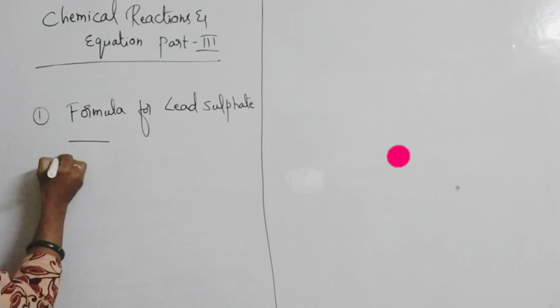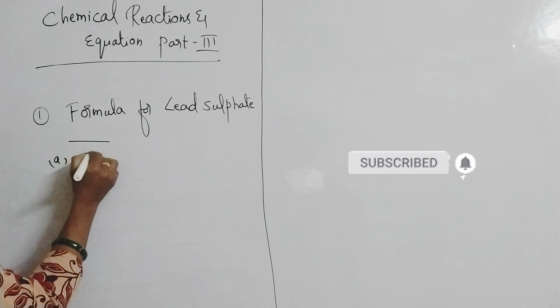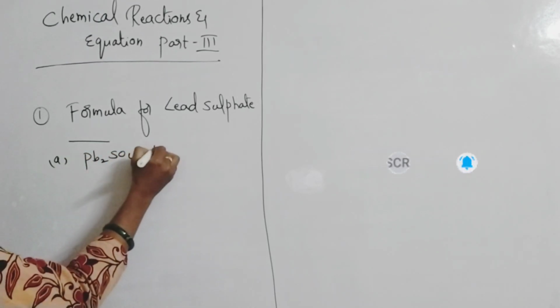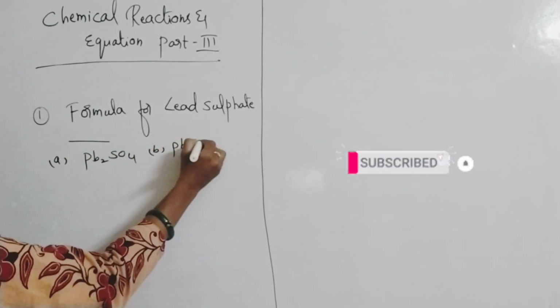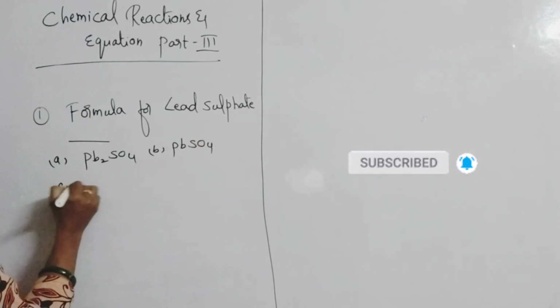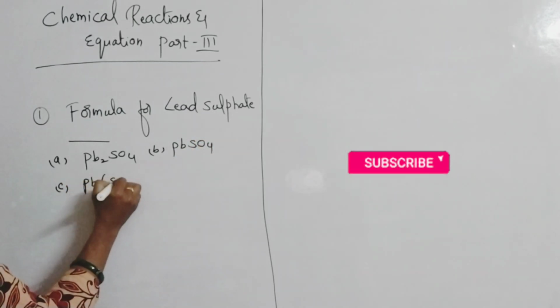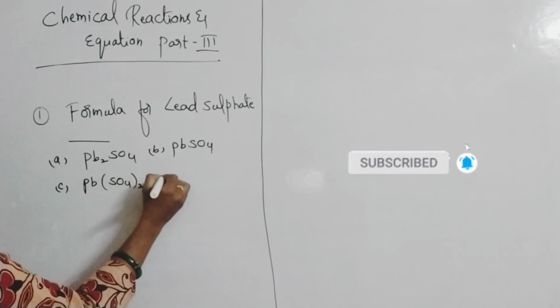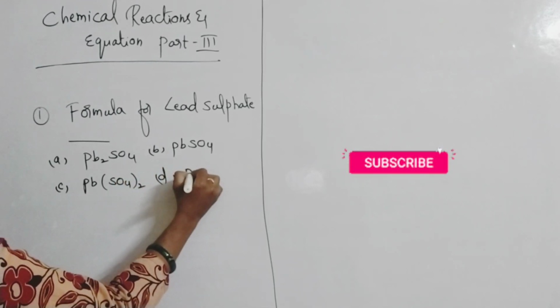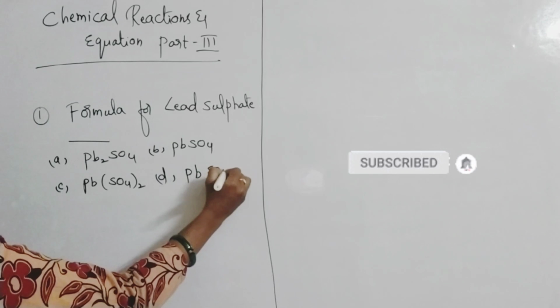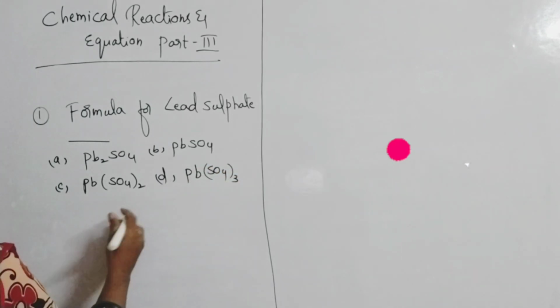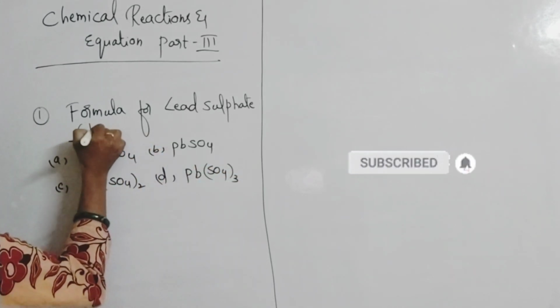Here options are given as: option A Pb2SO4, option B PbSO4, option C PbSO4 taken twice, and option D PbSO4 taken thrice. So the answer is B, PbSO4.